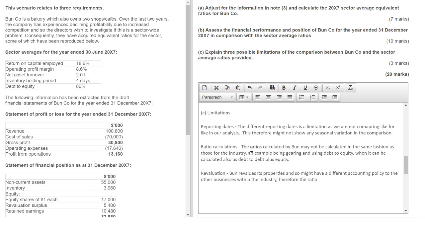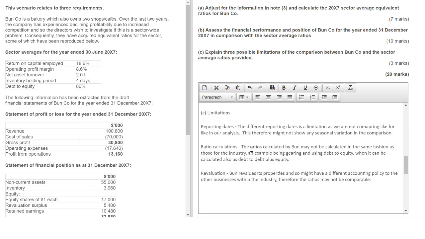Well, therefore, the ratios may not be comparable. Okay, we're again not comparing like for like. There's other ones that you can throw in there. I think the model answer mentioned the properties being owned. Maybe the industry leases those properties, so they will have a rental expense. Bun, our company, won't have a rental expense, so that will create differences between the profitability, and again it makes it difficult comparing like for like.